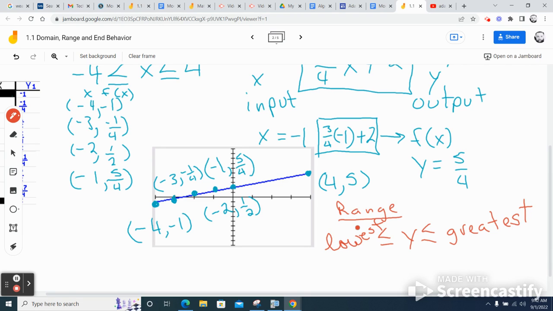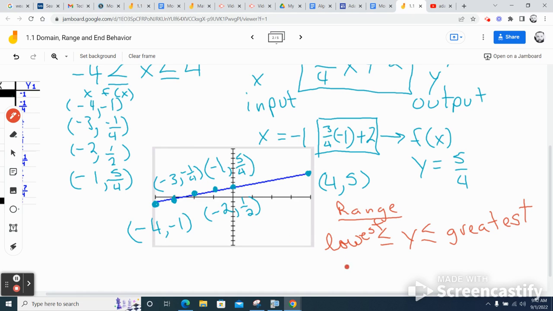What's the lowest part of the graph? -1. You guys see that? So if I look at the graph visually, I see the lowest point, the furthest point down, is -1. But also, if you look at the table of values, and you look at these numbers way over here, what is the lowest y value? -1, right? Okay, good. So then we're almost done.